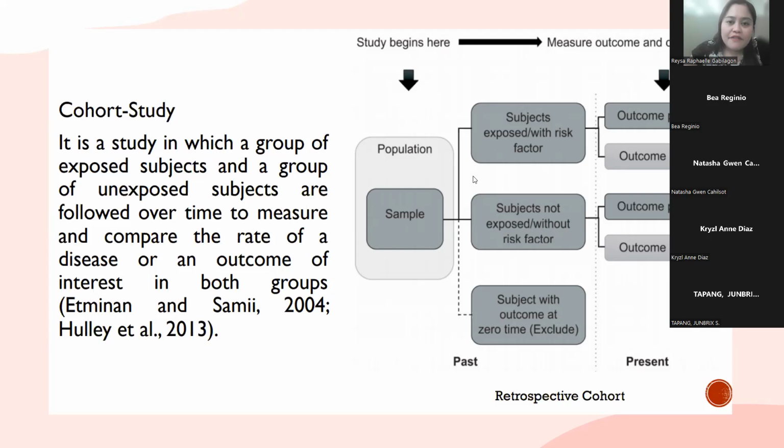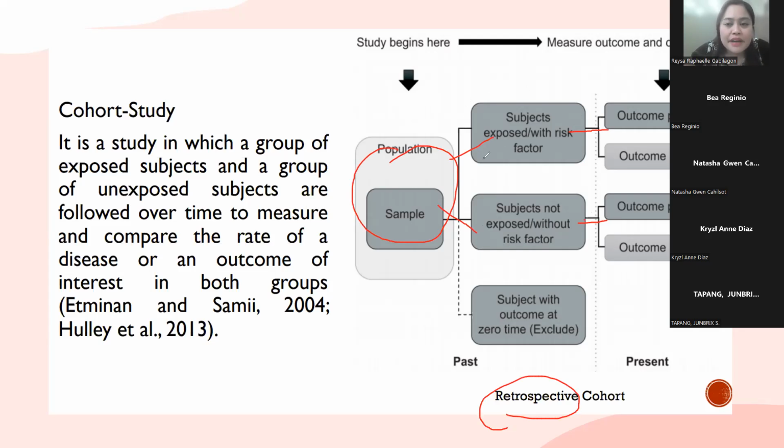Si cohort, you have your population, start with the population, and then i-group natin sila. Ito, meron silang exposure sa risk factor. Ito, wala. Okay? And then we will follow them if magkakaroon ba sila ng outcome or hindi. Diba baliktad siya? Baliktad siya sa case control. Okay? Pero this one is a retrospective cohort, meaning we will look into the past.